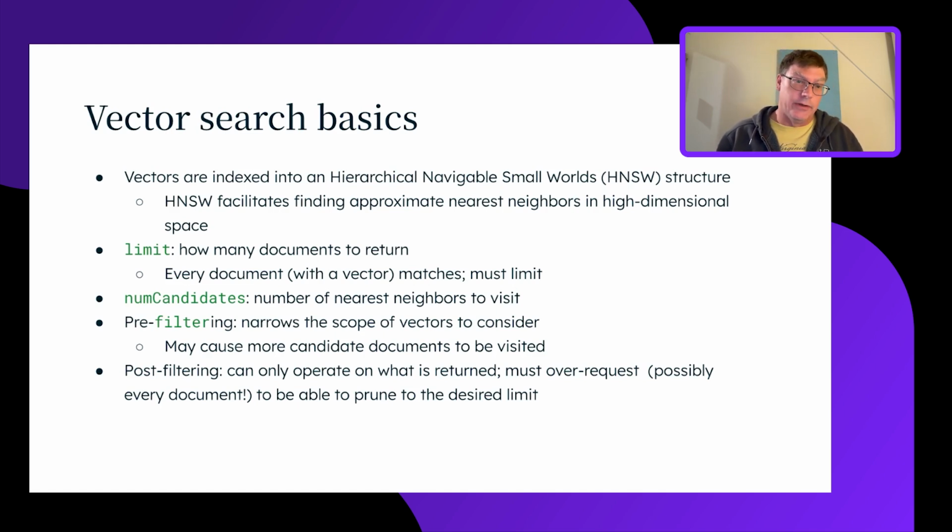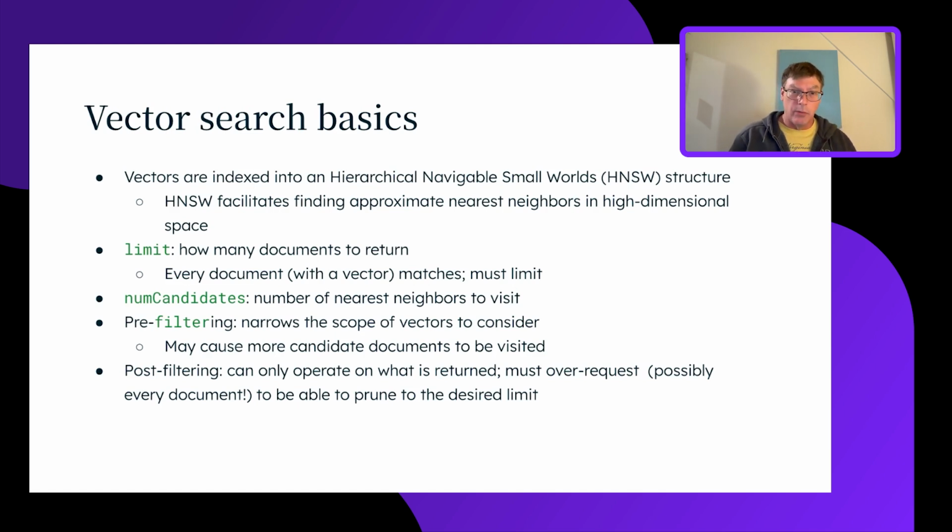So let's talk about pre-filtering. Pre-filtering narrows the scope of vectors to consider. And we'll look at this in a little bit more detail in just a moment. And you could do post-filtering as well. You could retrieve back a number of documents and then post-filter those based on some criteria.